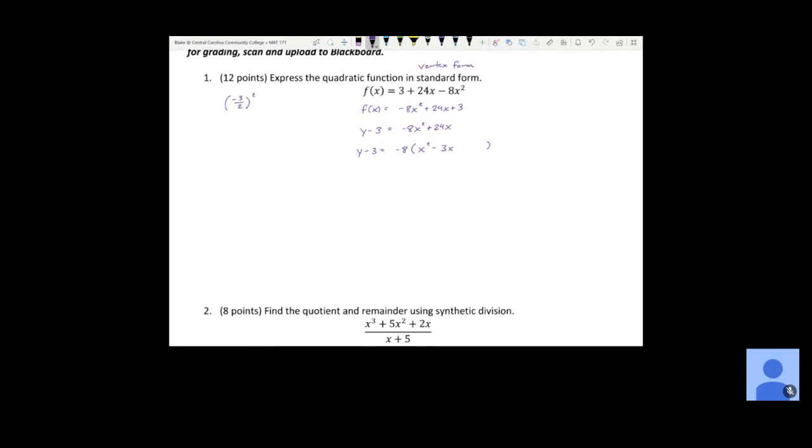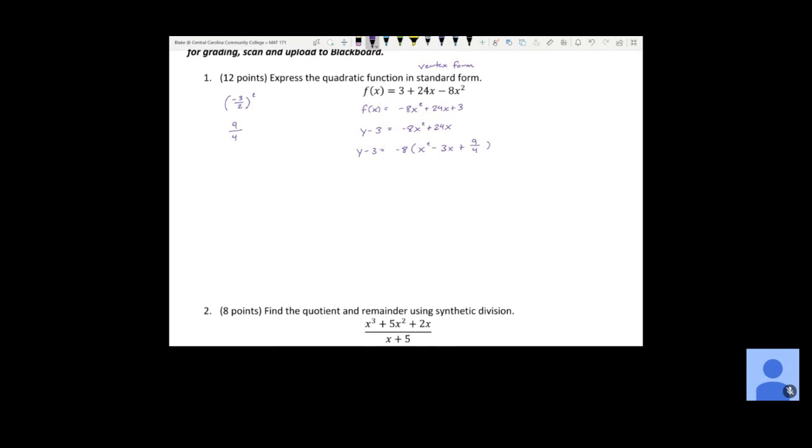Well, what's negative 3 divided by 2 squared going to give us? Good. So we square the negative 3, that's positive 9. Square the 2, that's going to give us 4. Okay, so 9/4 is our new c value now. So I'm going to put plus 9 over 4 in here.